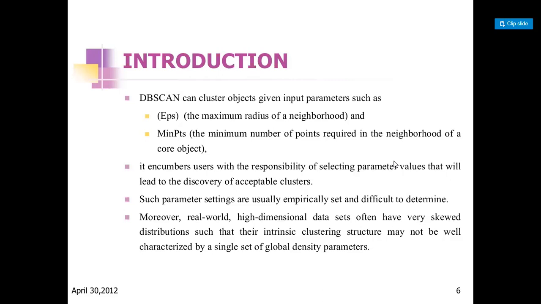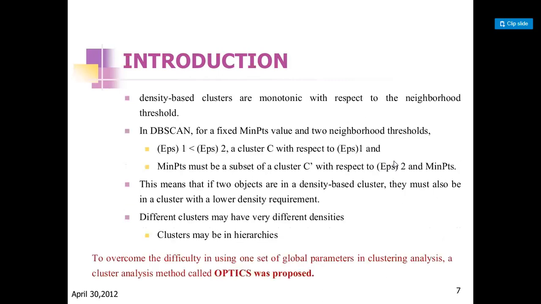This was the main reason that in the OPTICS algorithm, we derived a new terminology and solution for this, up to some extent, to work more efficiently. Later on we shall discuss how these criteria have been modified in the OPTICS algorithm. Density-based clusters are monotonic with respect to the neighborhood threshold.